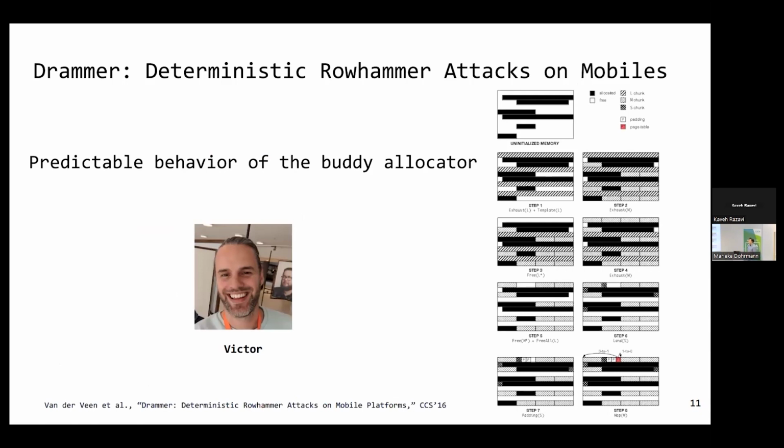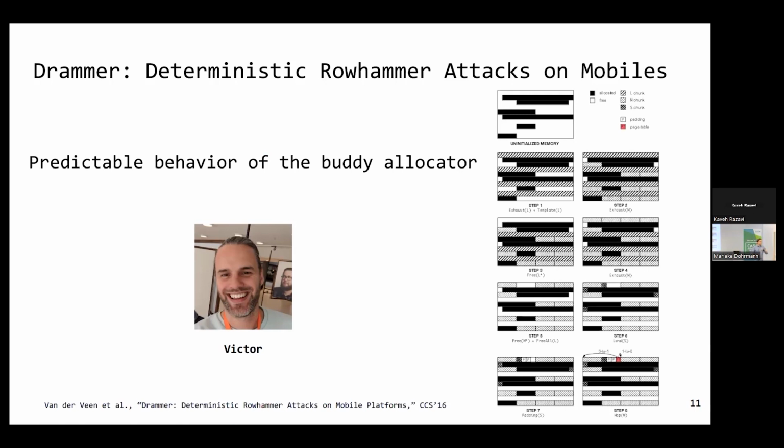And this buddy allocator has a predictable behavior. And Victor, one of the PhD students at the time, looked at how you could exploit the predictable behavior of the buddy allocator to make sure that a page table page lands exactly in a location that you want in physical memory.